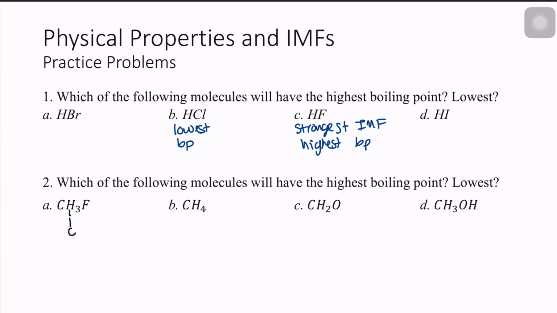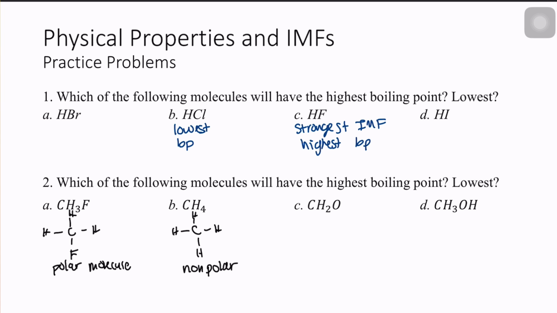For this first one, we're going to have carbon in the middle surrounded by three hydrogens and a fluorine. So this is going to be a polar molecule. We don't have a lone pair on the central atom. However, we do have different atoms surrounding it. Methane, CH4, is going to have four hydrogens around it. This is going to be a nonpolar molecule.